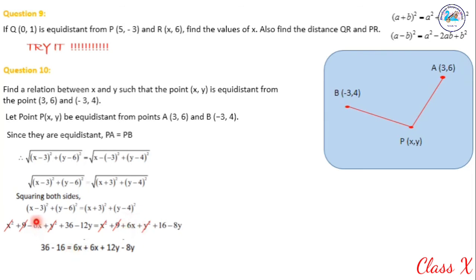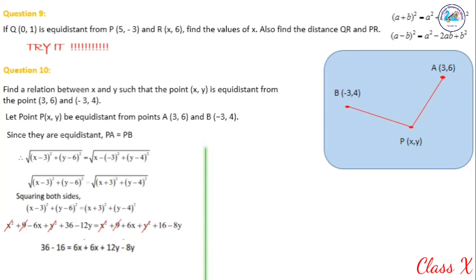On the left side there is a minus 6x, this one bringing to the right, so minus 6x becomes plus 6x. And here left side there is a minus 12y, bringing to the right side, that becomes plus 12y. And here on the right side there is a minus 8y balance. So I just rearranged constant one side, variables another side. That's what I have done.